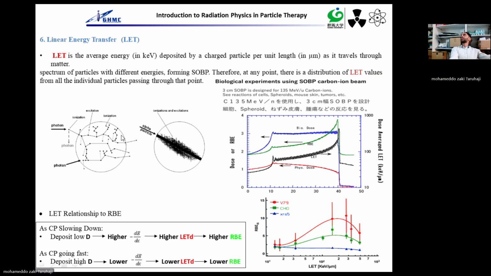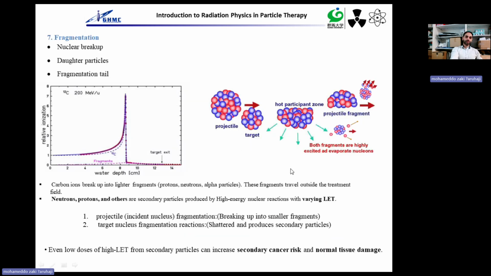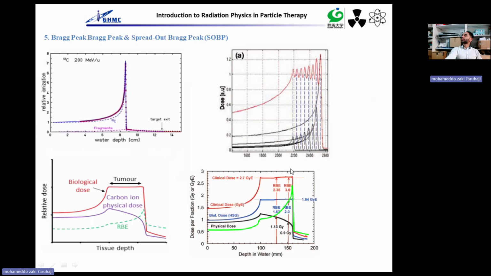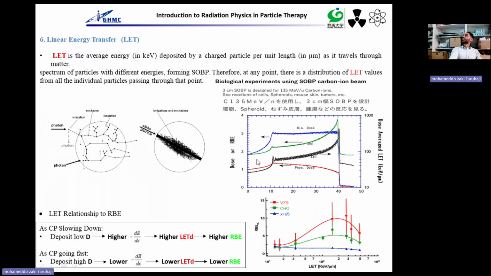Now, we go back to our figure, my biological dose or my RBE, my physical dose. What I want to emphasize here is that when the particle is traveling along the path, we understand the Bragg peak, yeah?